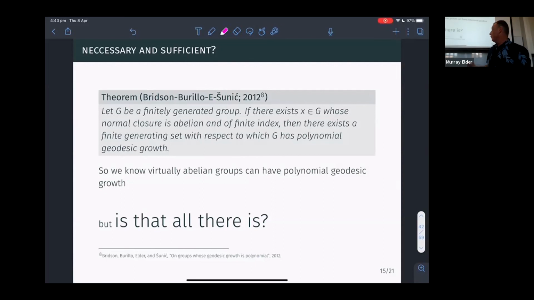But is there any other way to do it? Is that all there is? So for example, can you get a virtually nilpotent group of every class or step? Then we'd have the analog of Gromov's theorem.